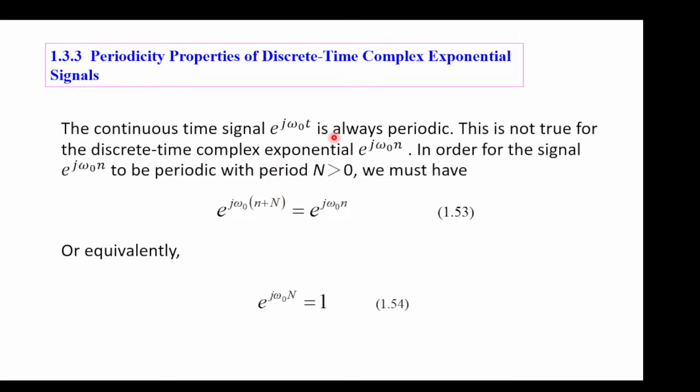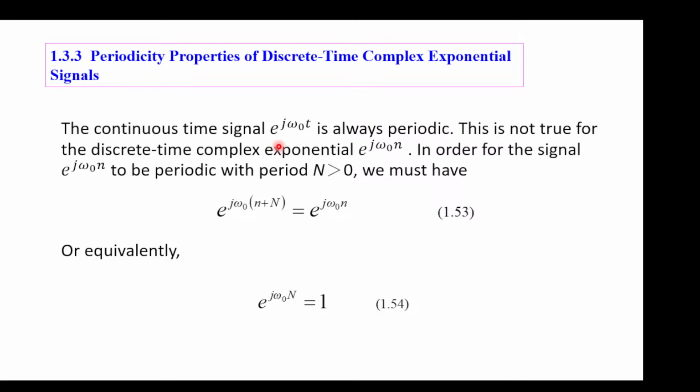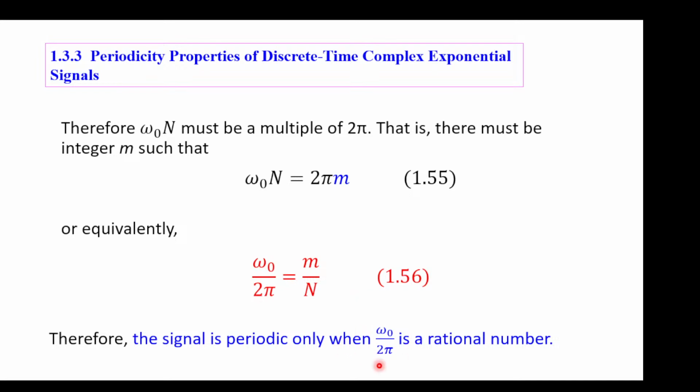So omega naught divided by 2 pi is an integer divided by an integer, which is a rational number. So your signal is periodic only when omega naught divided by 2 pi is a rational number. This is very different from a continuous time signal, where whatever omega naught you take is periodic. Here you need a very specific omega naught for your signal to be periodic.